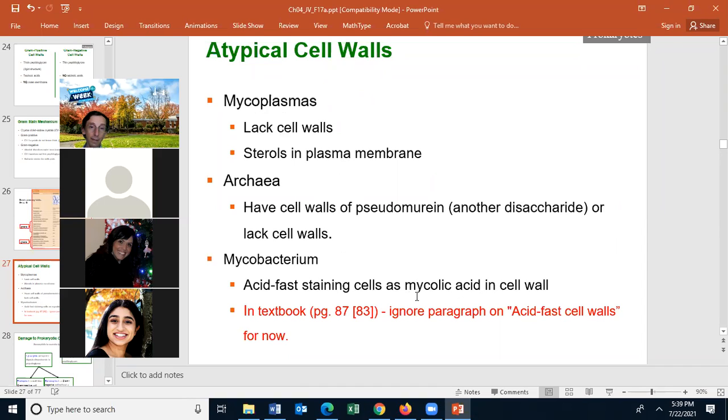Mycolic acid is a lipid, and for this reason we say the Mycobacterium are acid-fast, meaning they'll stain with an acid-fast stain. They will stain gram-positive with a gram stain because they are gram-positives, but they are a different type of gram-positive, and we call them an acid-fast cell.